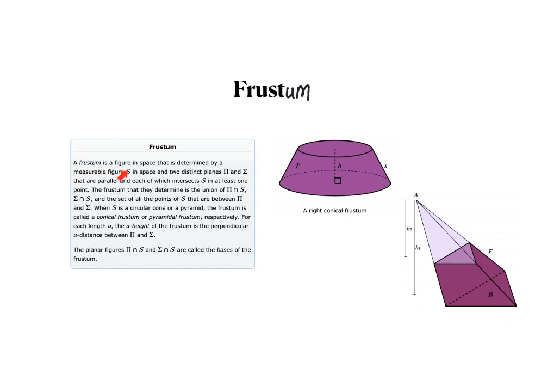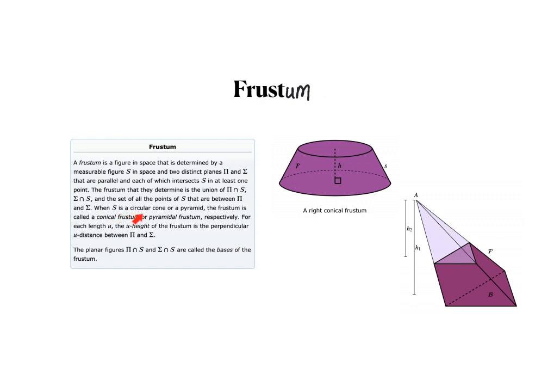A frustum is a figure in space that is determined by a measurable figure S in space and two distinct planes, pi and sigma, that are parallel to each other, both of which intersect S in at least one point. The frustum that they determine is the union of pi intersect S, sigma intersect S, and the set of all points of S that are between pi and sigma.